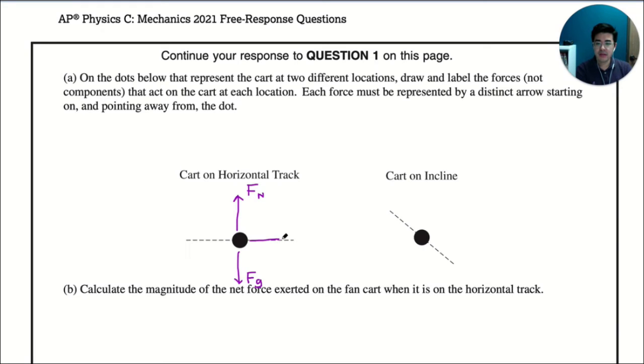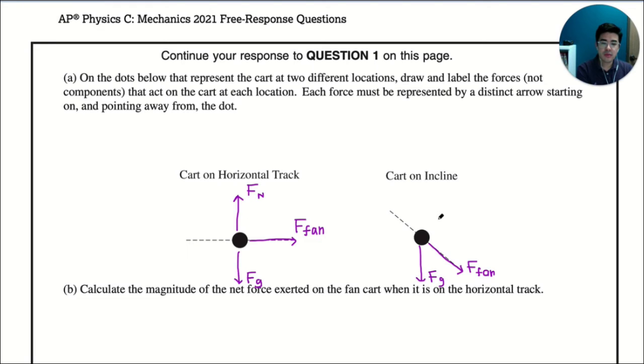And then we have the force of the fan pushing the cart forward. Same thing over here. Now that it's going down the ramp, we want to have the fan pushing forward. It's going to be the same force, so let's try to keep our arrows the same here. Same gravitational force as well, pointing straight down, so keep that arrow the same size.